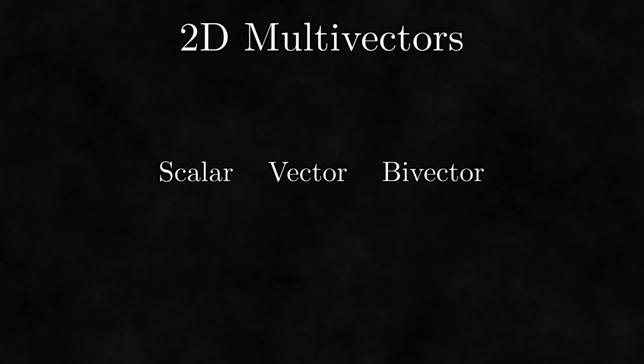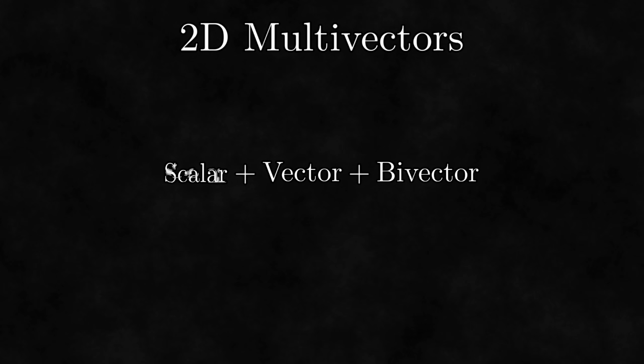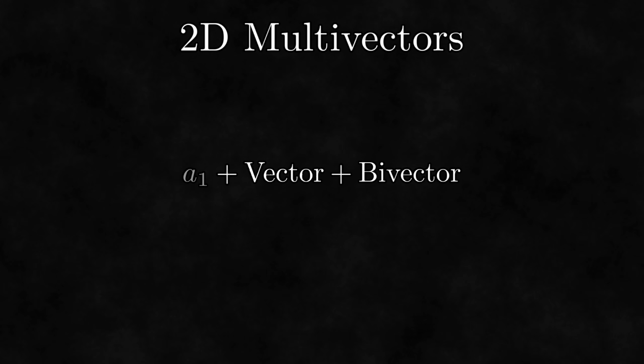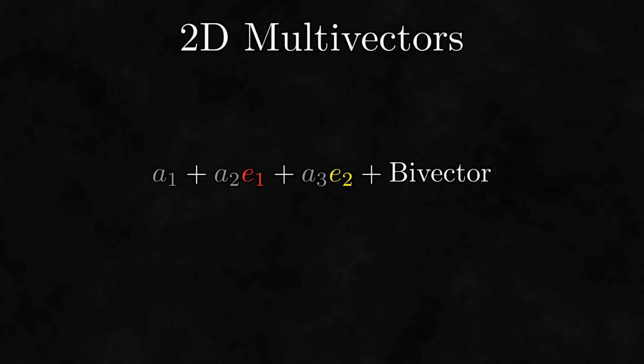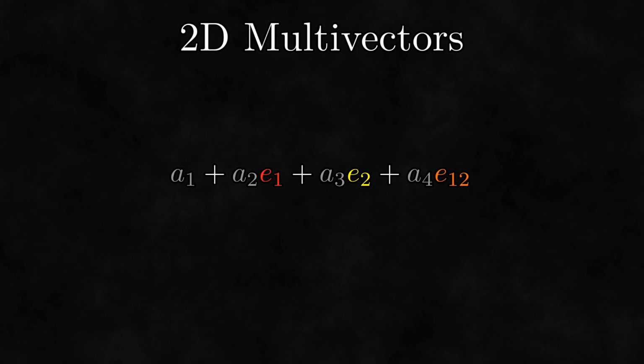In 2 dimensions, the only objects we have are scalars, vectors, and bivectors, so a 2D multivector is just the sum of a scalar, vector, and bivector. We can get even more concrete about this by considering this in terms of components. A scalar is given by one single component, a vector is given by two components, and a bivector is also given by one component. So all 2D multivectors have this form.